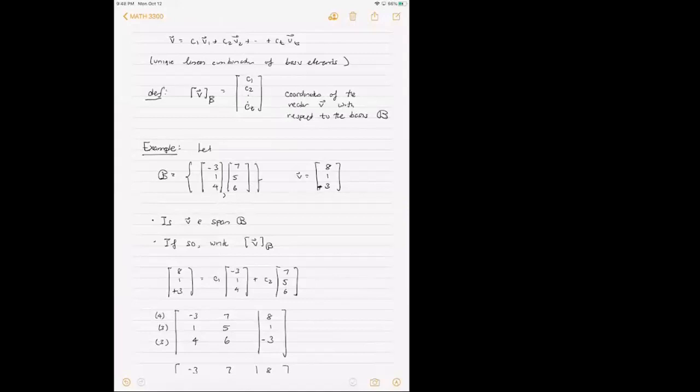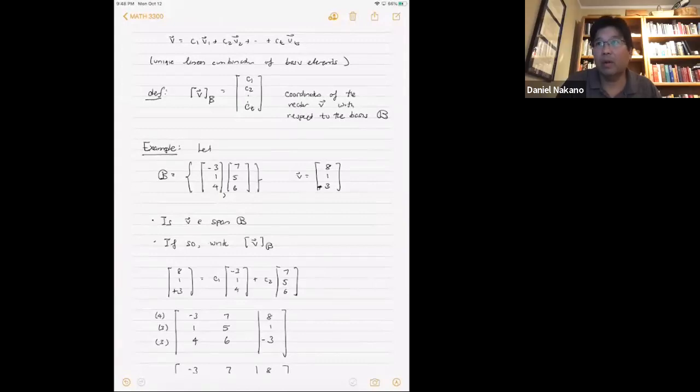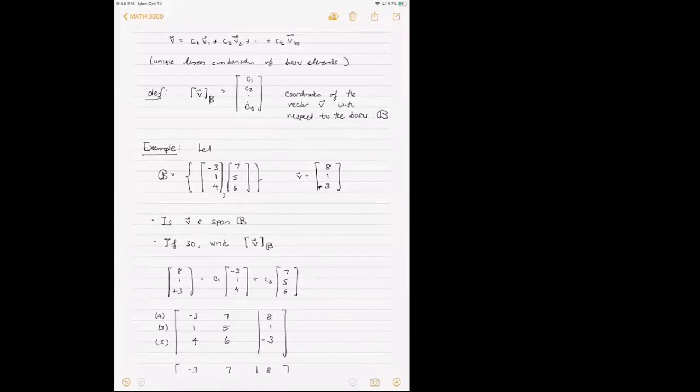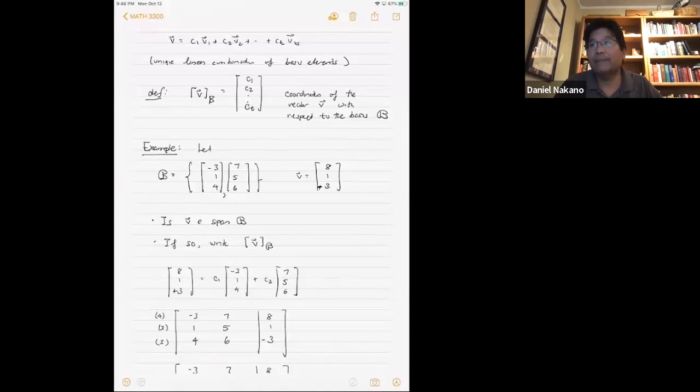So if we did not have a row that was all 0, then this system will be inconsistent. Right. And you can't write that V as a linear combination of the basis elements of W. So it's not in the span of script V. So then you can't write the coordinates out.